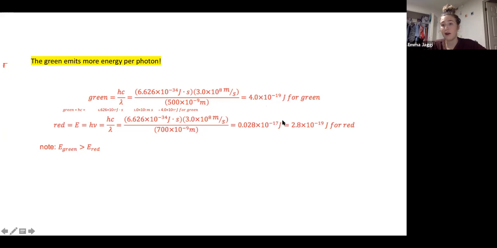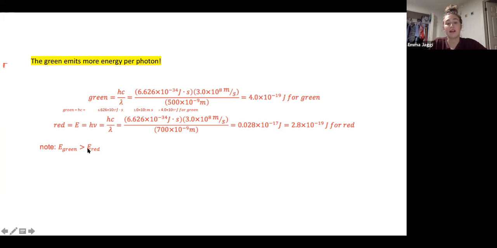You want to be careful with these values when it's in this form, because it could look like the red emits more. I mean, we know the answer, but be careful with 10 to the negative 17th and 10 to the negative 19th, exactly where that decimal ends up, because you don't want to get that wrong on the test. So just look out for that.